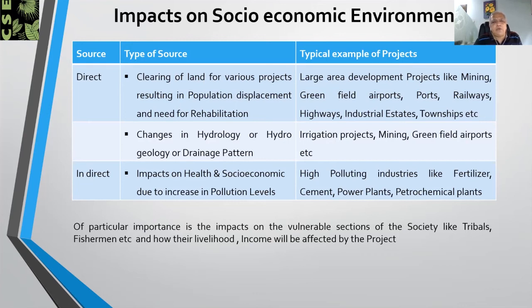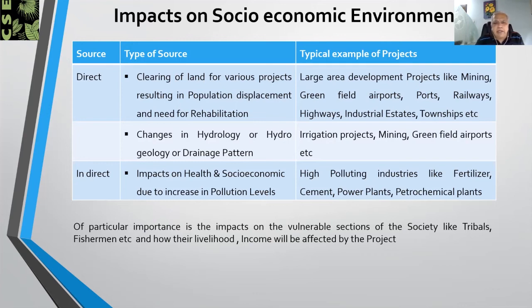Direct impacts are those which are obvious, like displacement of population, which is caused during highway projects or greenfield airport projects or port projects, industrial estate projects, etc., where the population will need to be rehabilitated, or those caused due to changes in hydrology or hydrogeology or drainage pattern, like in case of an irrigation project, where the flooding of the valley area may result in displacement of people.